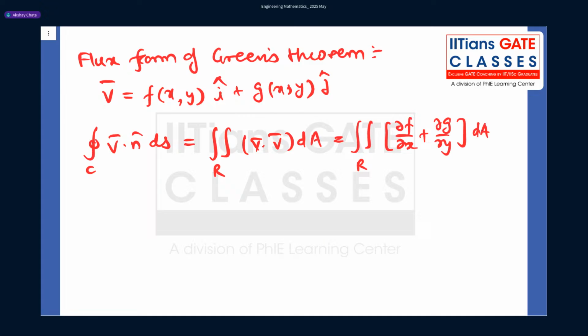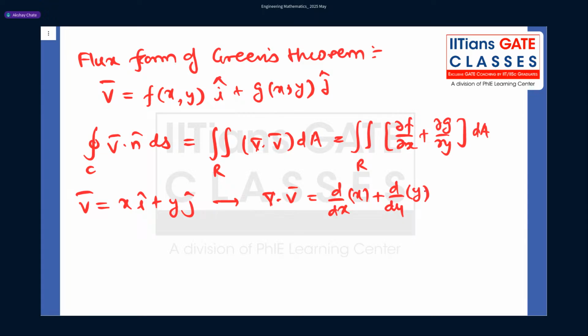Okay, and in 2D you can write dA as dx dy also. So coming back to the given question, V bar is x i cap plus y j cap, right? So what will be the divergence of V bar? That will be d by dx of x plus d by dy of y, because f and g are x and y here. So that is 1 plus 1 equal to 2.